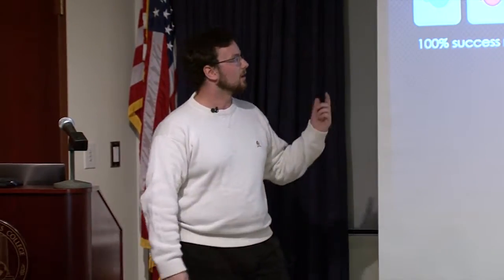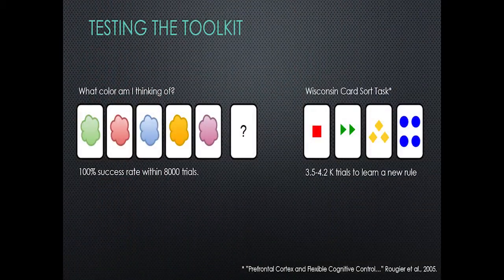You continue doing that until they finally realize, wait a second, every time I say red, you give me a gummy bear, so there must be something important about red. I'm going to remember that. So that's basically how that works. It usually takes about 8,000 trials to get to a 100% success rate.